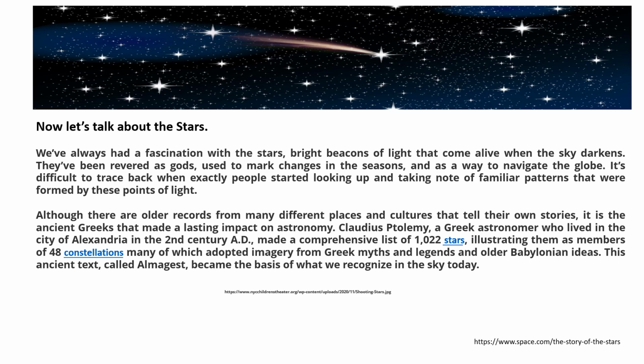Claudius Ptolemy, a Greek astronomer who lived in the city of Alexandria in the 2nd century AD, made a comprehensive list of 1,022 stars, illustrating them as members of 48 constellations, many of which adopted imagery from Greek myth and legends and older Babylonian ideas. This ancient text called Almagest became the basis of what we recognize in the sky today.